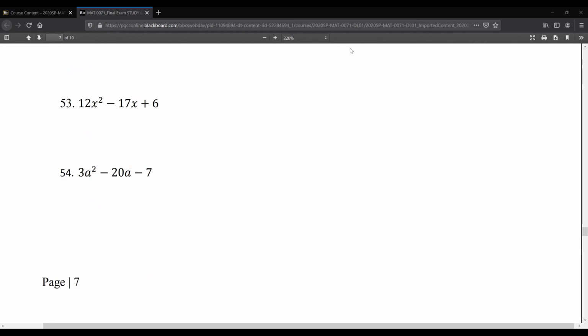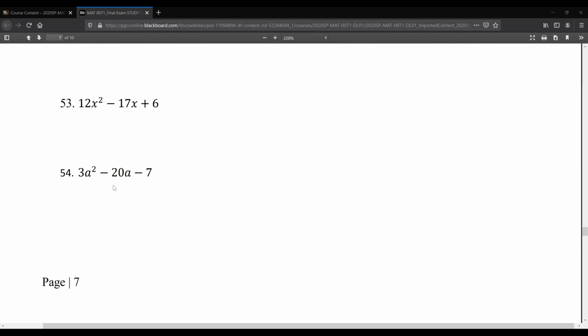If you look at 53, 12, 17, and 6, there's no common factors there. And if you look at 54, 3, 20, and 7, there's no common factors in all three terms. So let's look at these two problems where no terms have a greatest common factor.